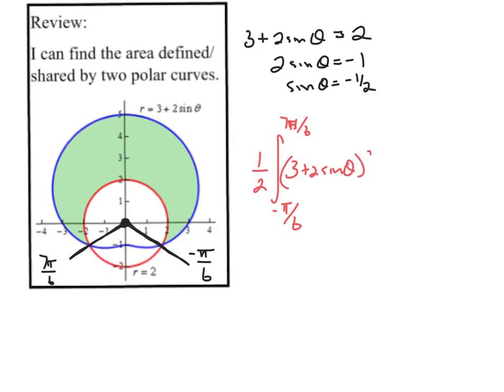So remember, it's 1/2 the integral of r squared. And let me just shade what that's going to give me. So I'm starting here. So it's going to give me all of that. Okay, so way too much. So then I'm going to have to integrate the circle.